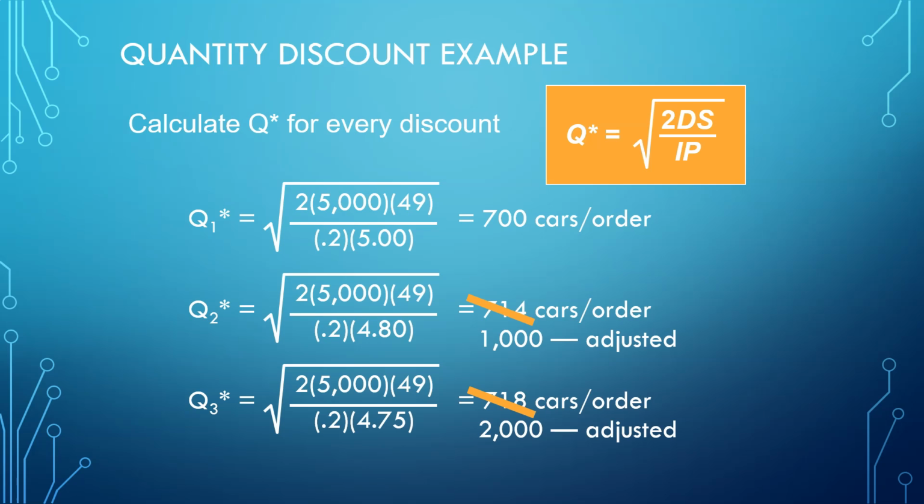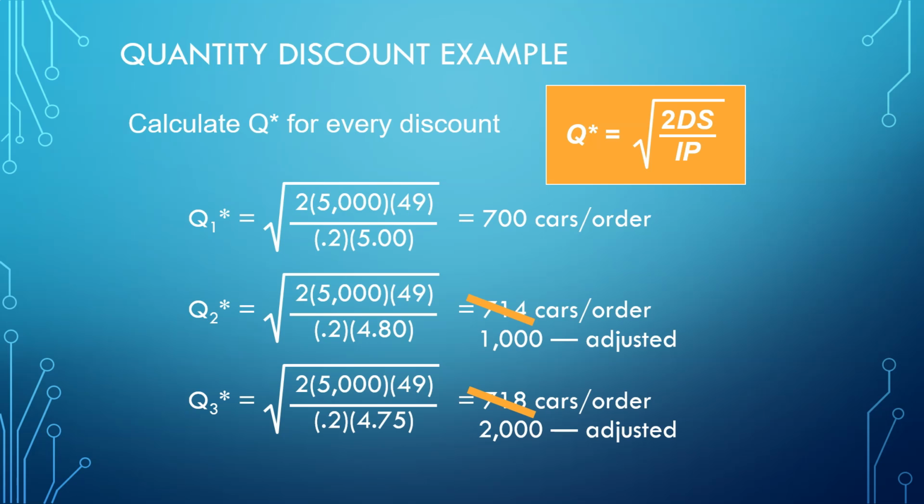The first discount will start at 1000. So first, the 700 is without discount. That's the calculation for the item without discount, at $5. The first discount applies when you buy a quantity of 1000, so we adjust the 714 to 1000, and we get a price of $4.80 instead of $5, and we recalculate.